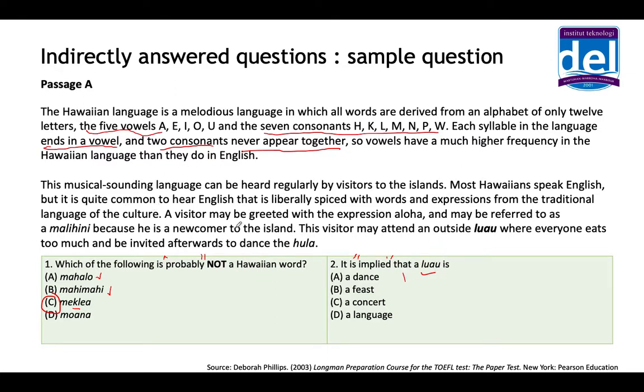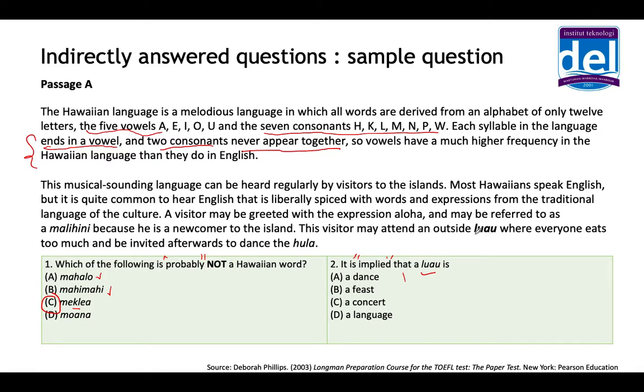We can read very quickly for the word luau, especially in the second paragraph, because we already found answers here for the previous question.